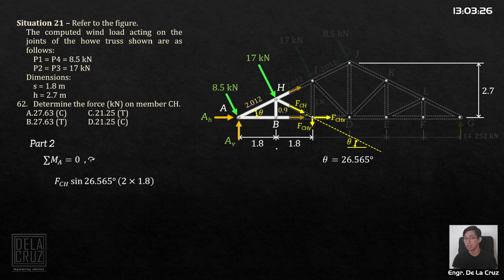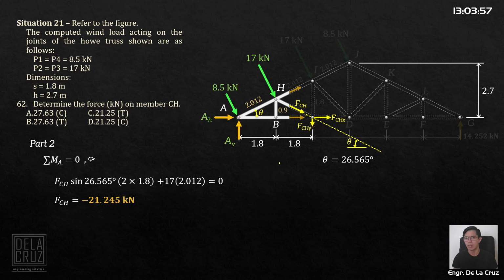Wala silang moment na maidudulot. 17 lang, it will cause clockwise pa rin. 17 moment arm is 2.012. Equal to 0. Nakuha natin yung H. So that's a negative value, 2.245. So ganun yung gagawin natin. Inassume natin lahat tension. If negative yung lalabas, then it is in compression. Letter P. Letter P yung sagot.